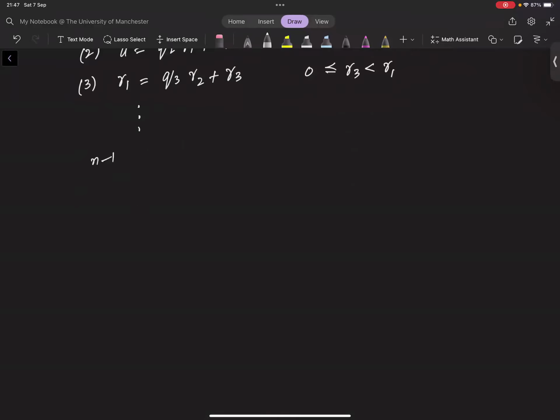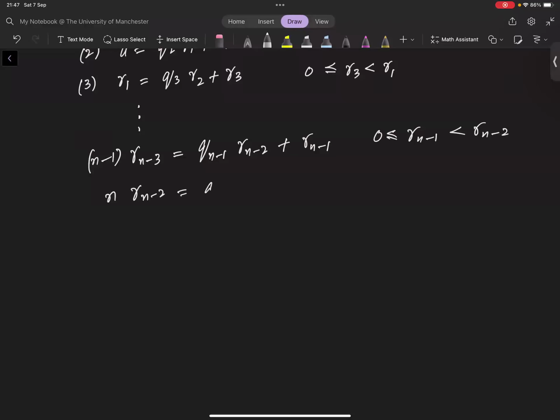We get Rn minus 3 equals Qn minus 1 times Rn minus 2 plus Rn minus 1, with 0 less than or equal to Rn minus 1 less than Rn minus 2. Then we have Rn minus 2 equals Qn Rn minus 1 plus Rn with the condition that 0 is less than or equal to Rn, and Rn is less than Rn minus 1.